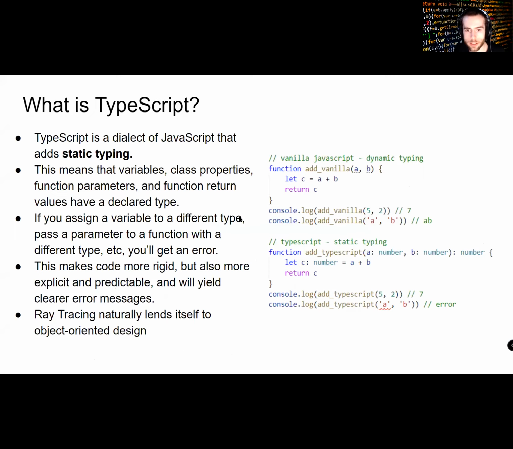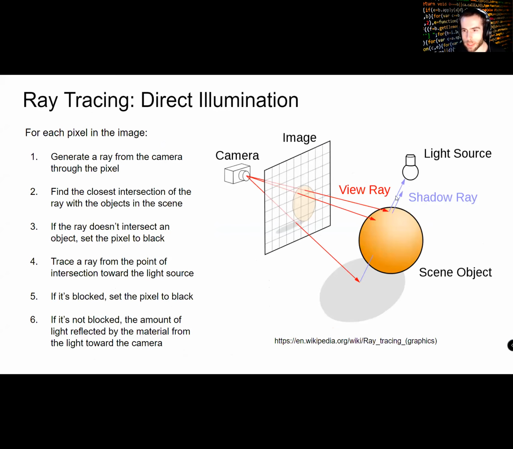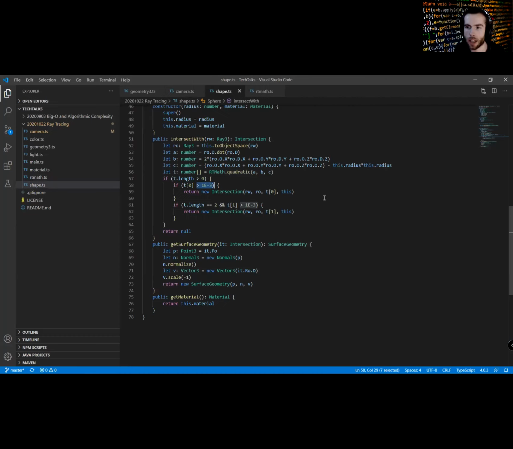Remember, I talked about the shadow rays. Shadow rays you trace from the object to a light source. And if you just always check if it's greater than 0, then sometimes you'll get false intersections. So there's a little bit of a threshold.